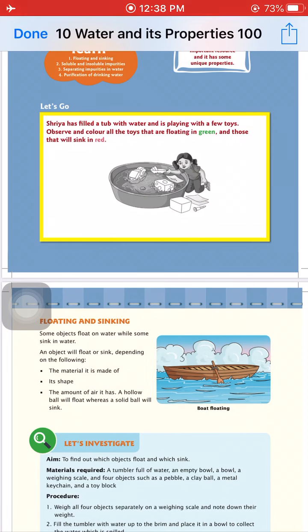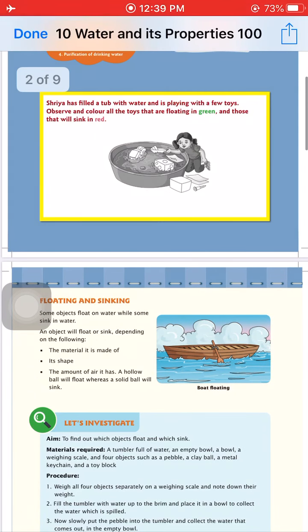Shreya has filled a tub with water and is playing with a few toys. Observe and color all the toys that are floating in green and those that will sink in red. Means you have to color the toys in two colors, green and red. Color green the toys which are floating on the surface of water and red those that are sinking inside the water.